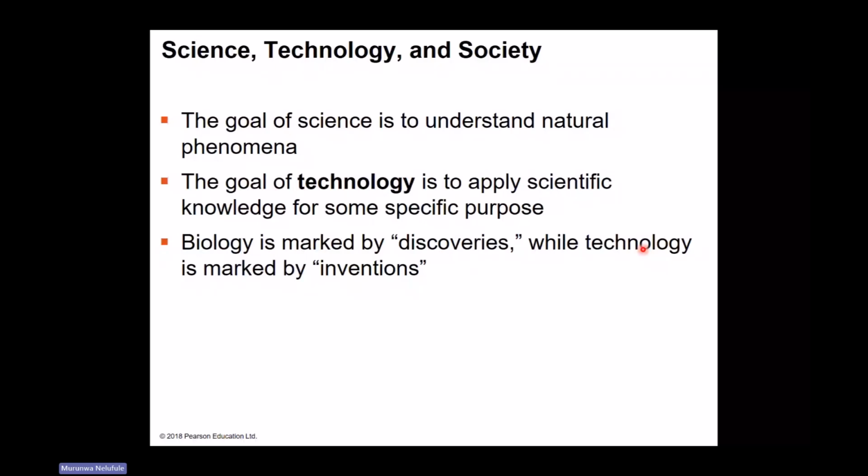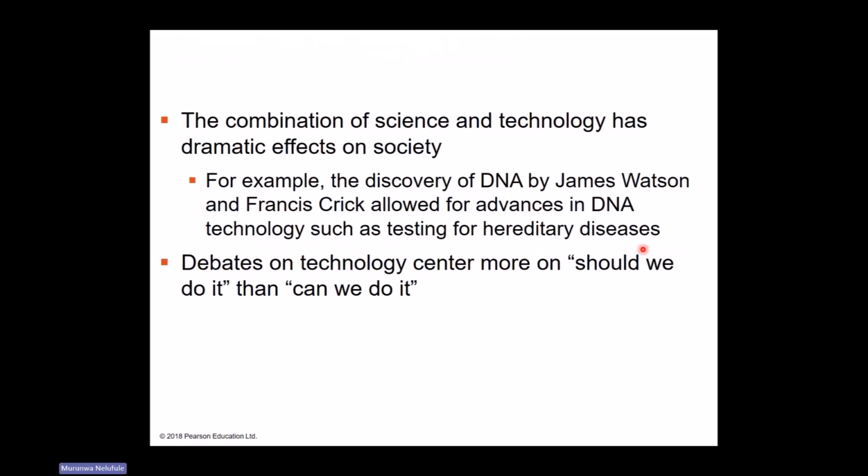So in biology you're going to be discovering, and technology will assist you as biologists to advance those discoveries with inventions. That's where the combination of science and technology has a dramatic effect on society, where DNA comes in.